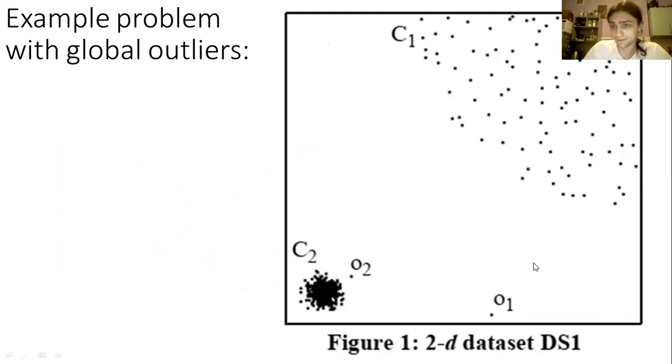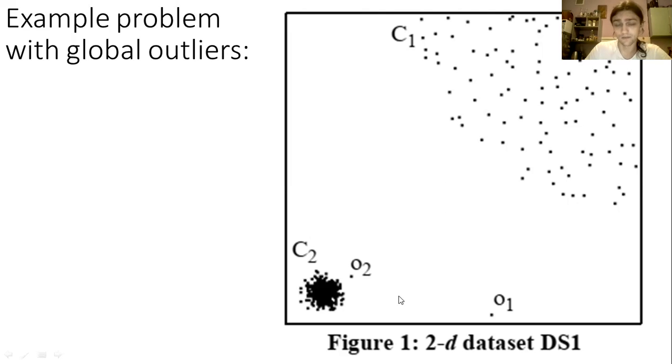Look at this picture. We have point O1. This is called a global outlier. Global outliers are actually fine, and many of our algorithms can detect them.